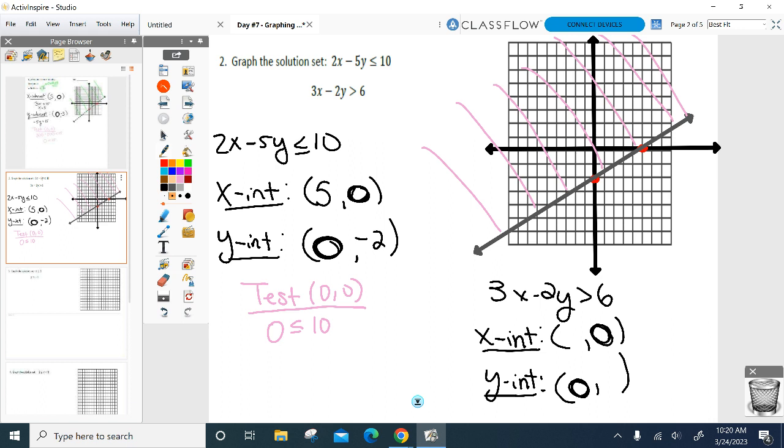It's okay if you don't remember which is the x-intercept or y-intercept. If you know you plug in 0 for one, solve the other, plug in 0 for the other, solve for the first, that's fine. I'm never going to write what's the x-intercept or what's the y. Just find your 2 points. That's all I care about. If you don't know the names of them, all right, so be it.